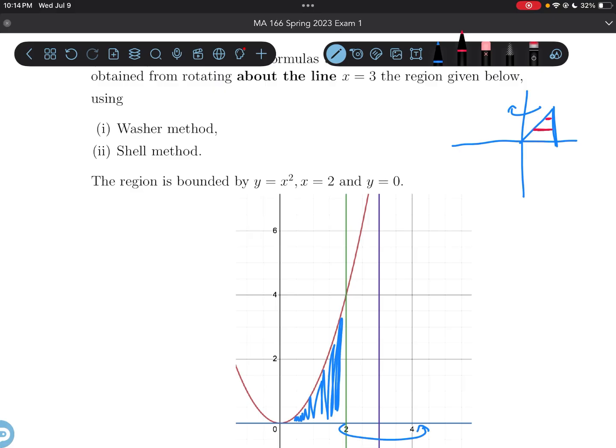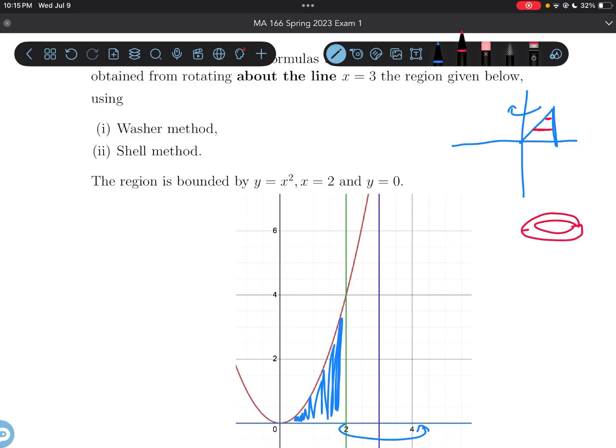The washer method takes the original 2D region that we're rotating, and we consider, in this case, horizontal strips. Once I rotate these horizontal strips, I end up with a flat disc.